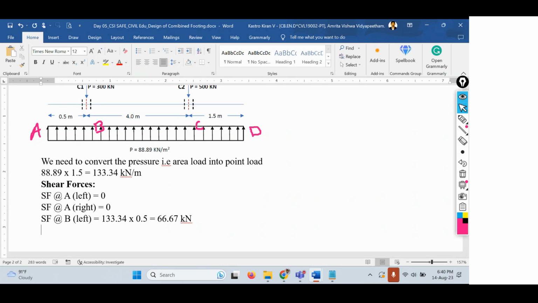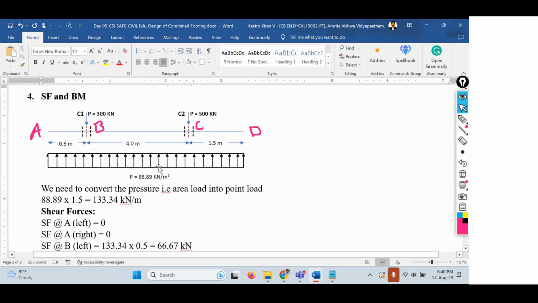Now we have to find out the shear force at B on the right side. Can somebody tell me what will be the value of shear force at B along the right side by seeing this calculation and this particular figure? Can anybody guess? It's okay even if it goes wrong, just give it a try, because you all know strength of material and structural analysis basics. Instead of the value, you can just tell the calculations.